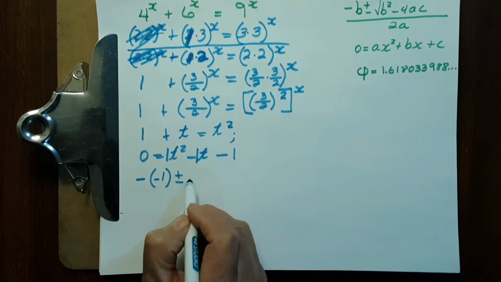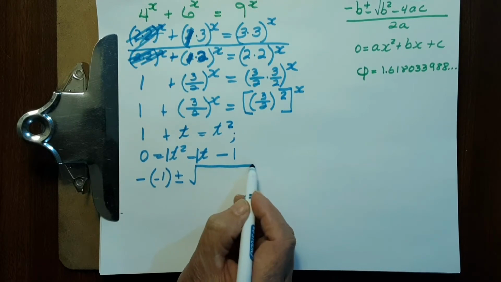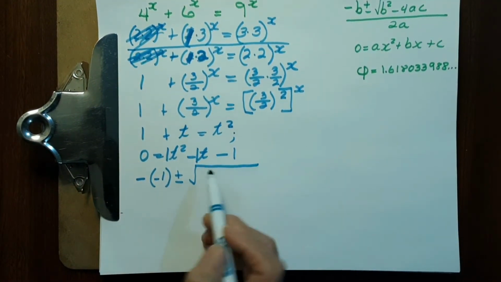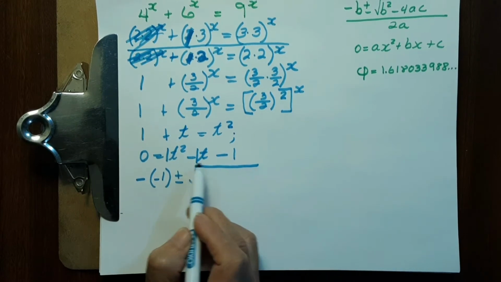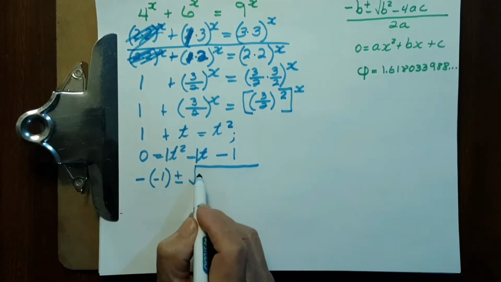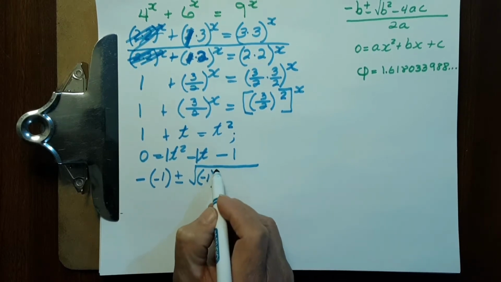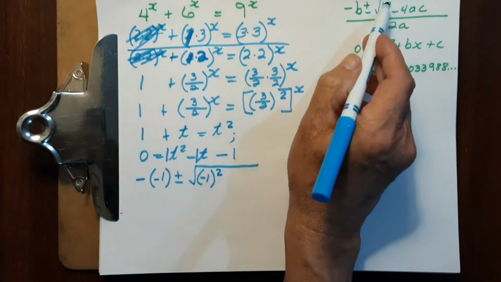Plus or minus the square root of b squared. What is b squared? What is b? We're gonna square it. B is minus 1. We put it minus 1 squared.